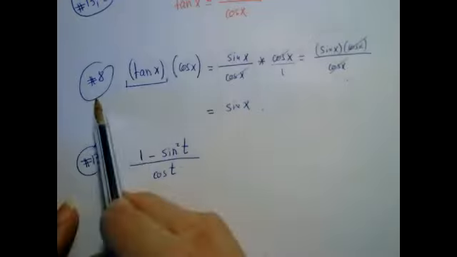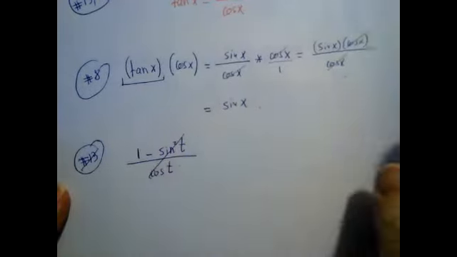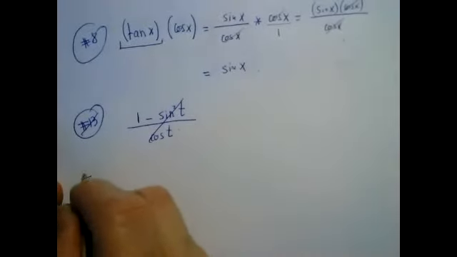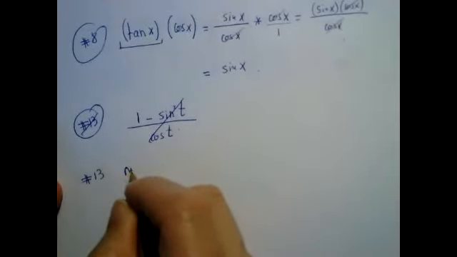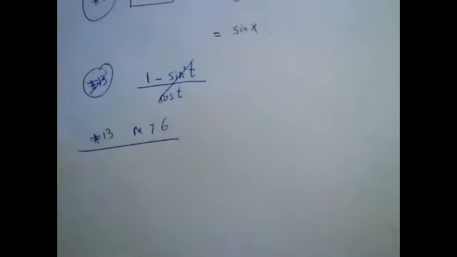That's okay. How about number 8? Number 8 was right. Okay, so number 13 on 7.6. Yes, okay, thank you. So let's go through that. And what's the question here?